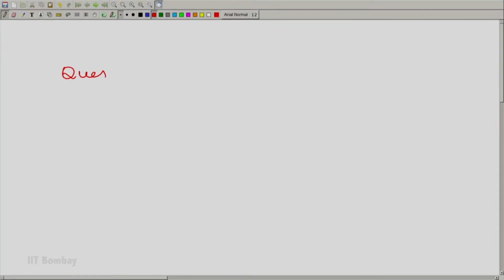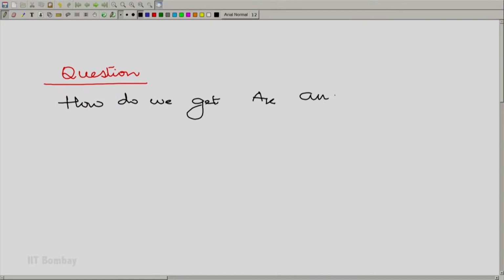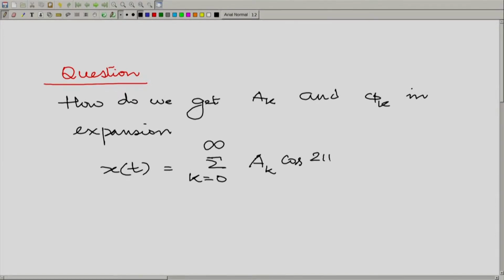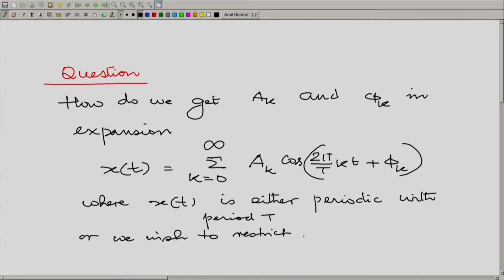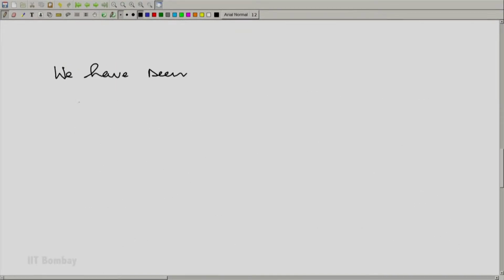Well, the answer is very easy if we again recapitulate that it was an orthogonal set. So, the question is, how do we get a_k and φ_k in this expansion? x(t) is the summation, k going from 0 to infinity, of a_k cos(2π/T kt + φ_k), where x(t) is either periodic with period T, or we wish to restrict ourselves to x(t) for t between 0 and T. Well, let us answer the question by noting that we have an orthogonal set here.